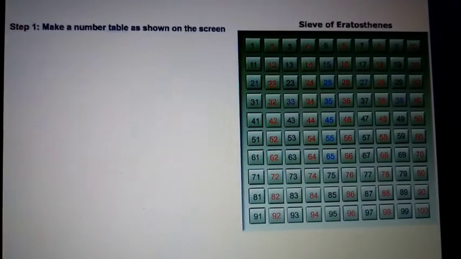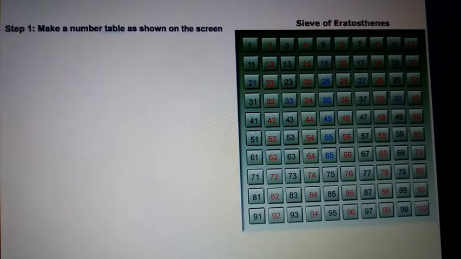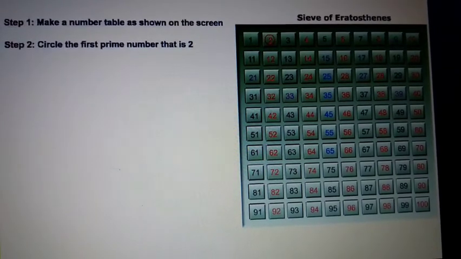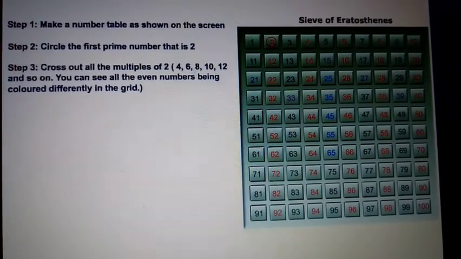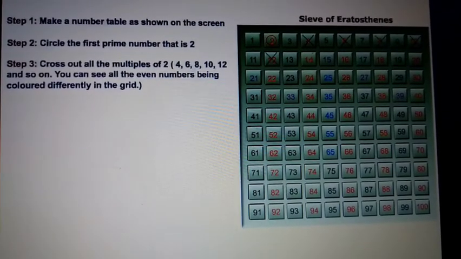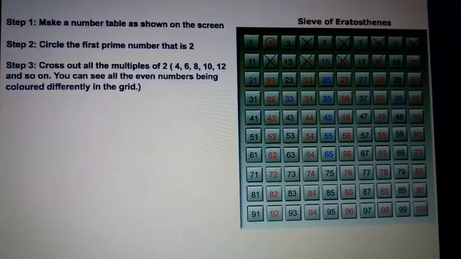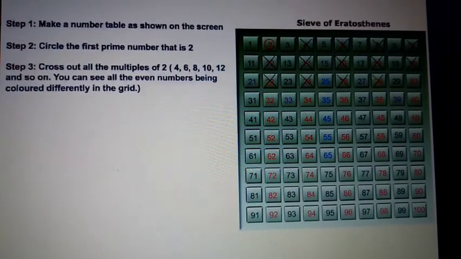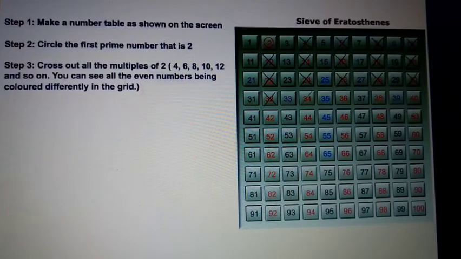Step 1. Make a number table as shown on the screen. Step 2. Circle the first prime number, that is 2. Step 3. Cross out all the multiples of 2, that is 4, 6, 8, 10, 12, and so on. You can see all the even numbers being colored differently in the grid.